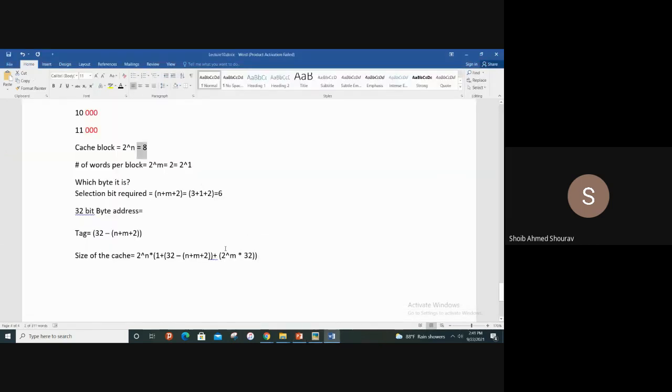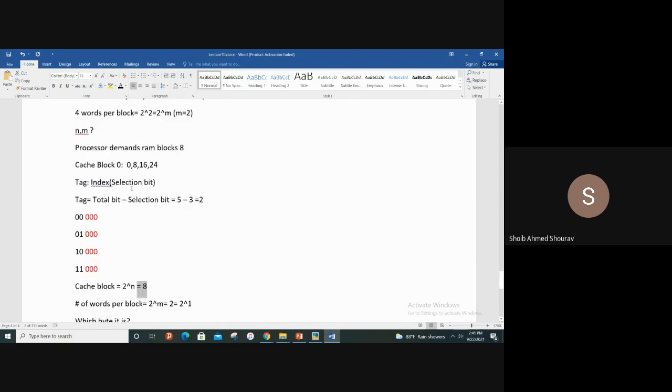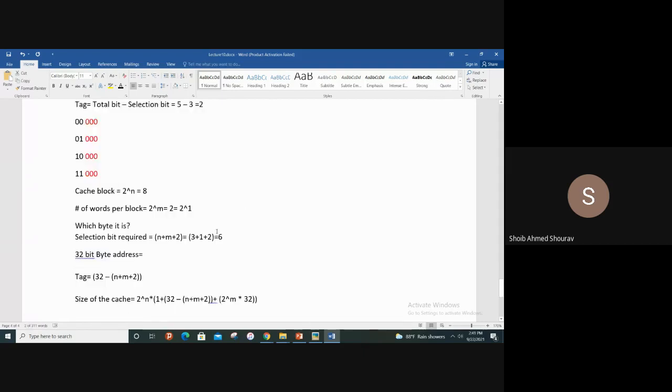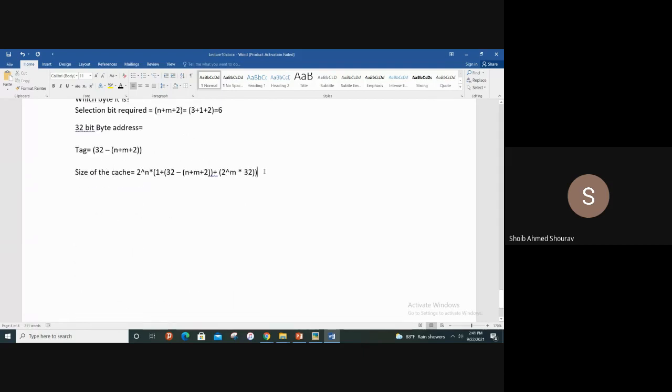I have shown you that index is the selection bit, but actually the main selection bit is index plus offset.